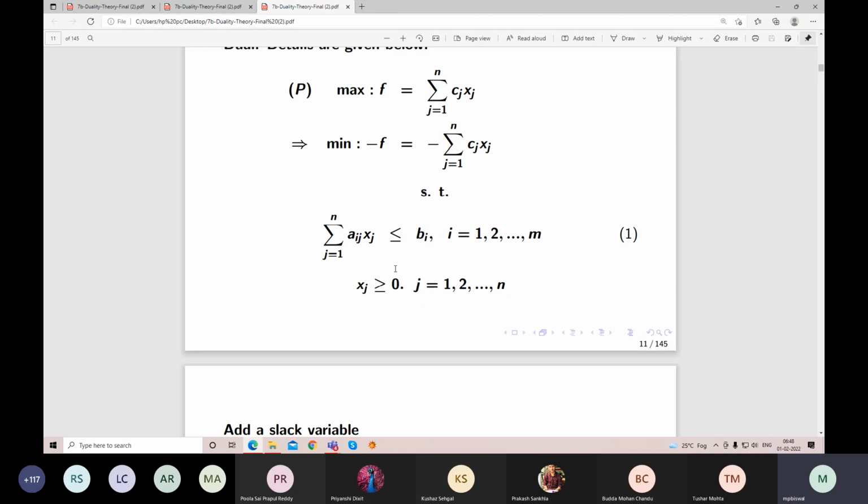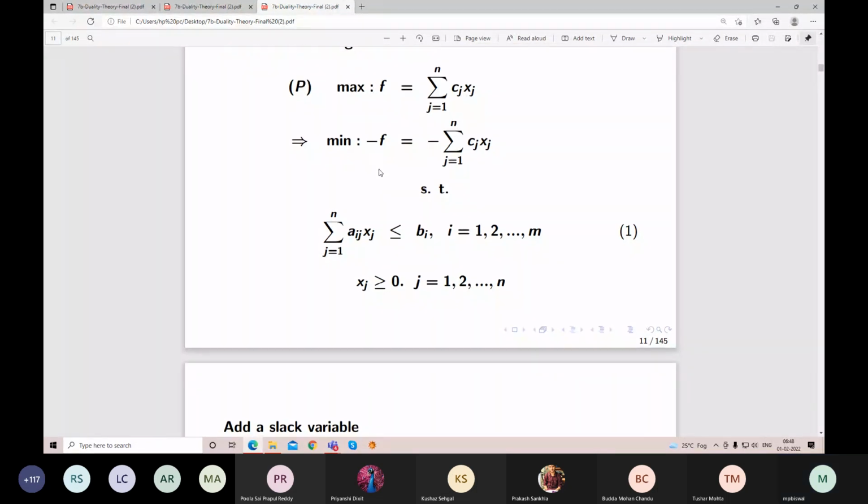Since you are computer science students, you know why you need an index, why you need an array: because many names can be generated. If I say p, q, s, t like that, then there are only 26. But here you have too many, maybe 1000, maybe a lakh. So you have to use it in this manner. Here capital P is the primal program, capital D is the dual program.